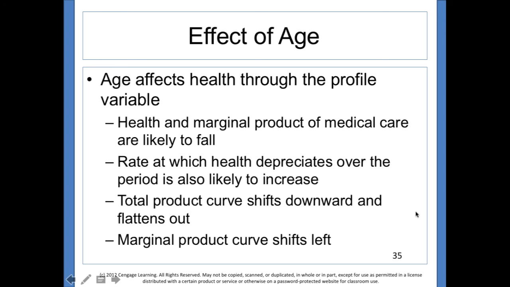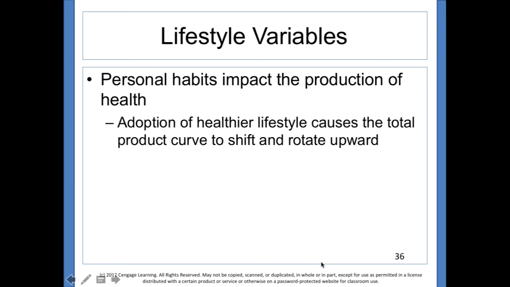Similarly, if nothing else changed, because of the age effect our health profile depreciates, and this rate of depreciation may be different, of course. We talked about that. It's different from individual to individual, and by aging we have the shift and rotation in the marginal productivity.